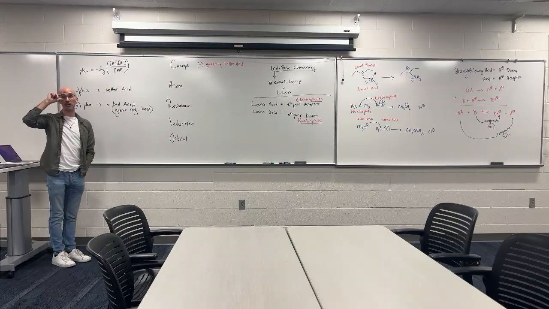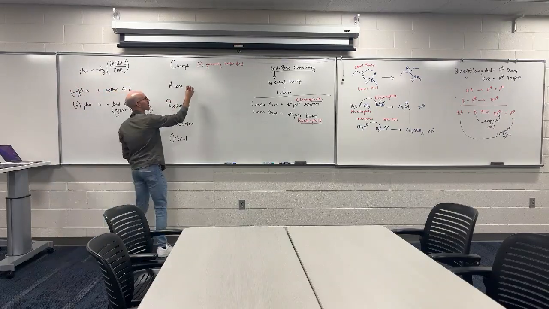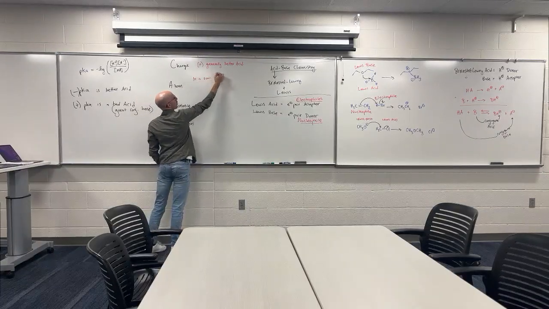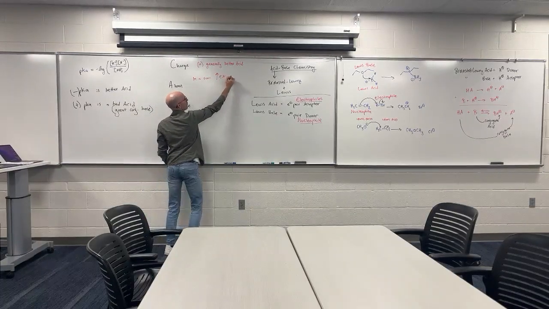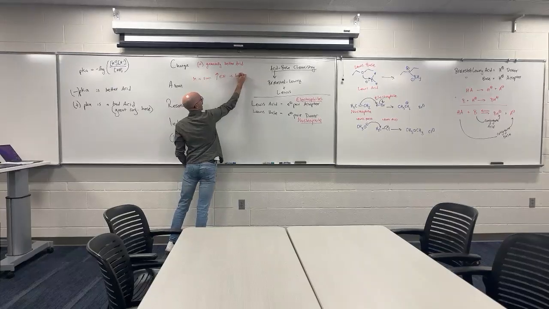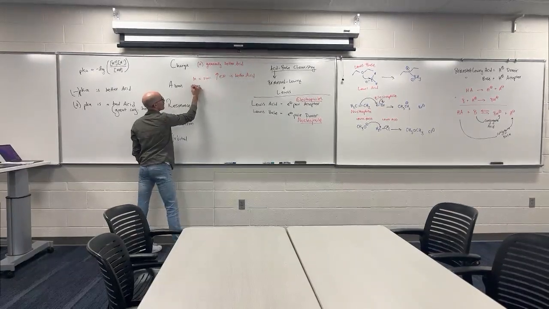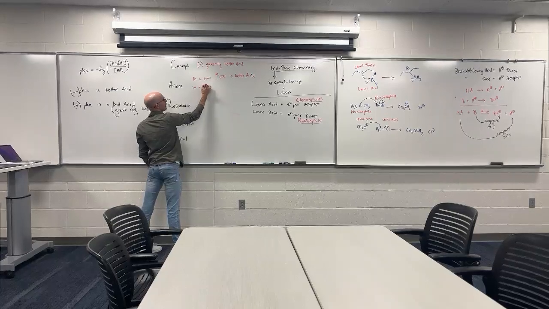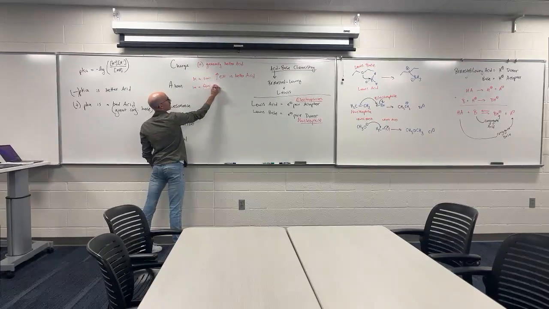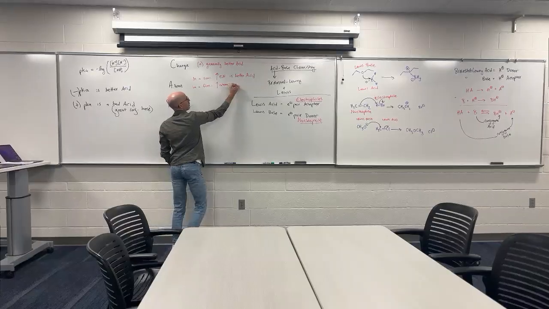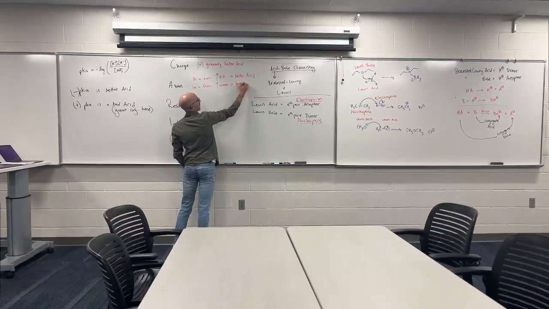Atom breaks down into two parts. In a row, more electronegative atom is a better acid. But in a family, a larger atom is a better acid.